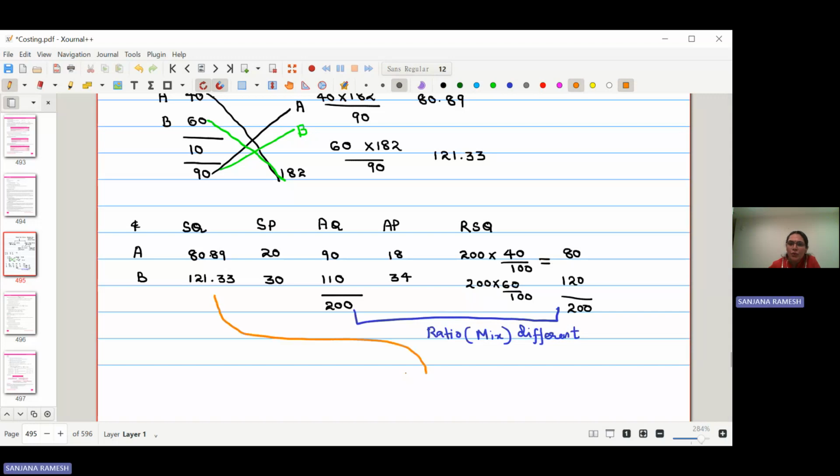But for these two, the ratio is the same, but the quantity is different. So in this case, we will get the material yield variance.